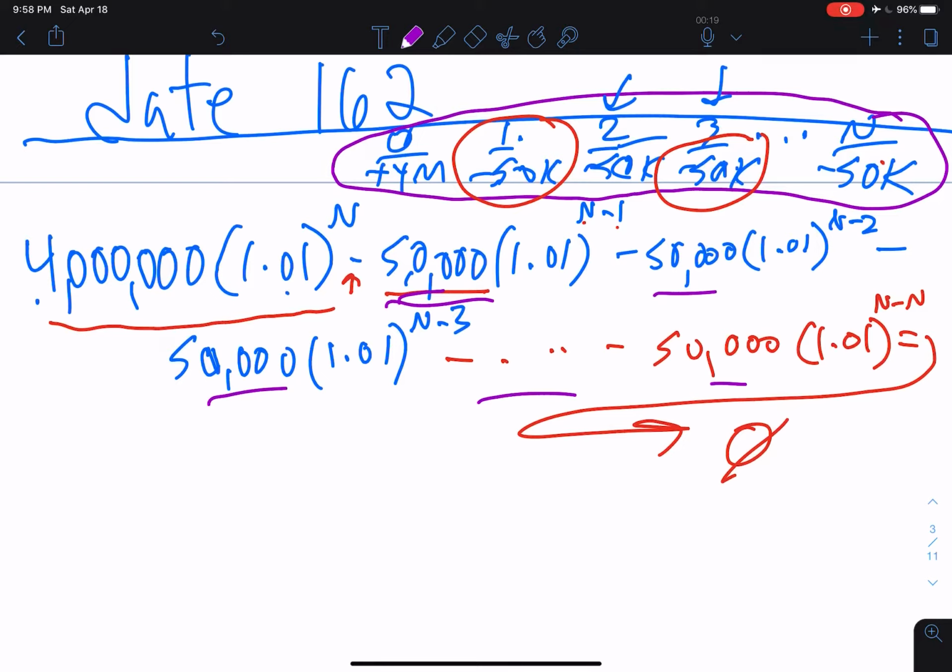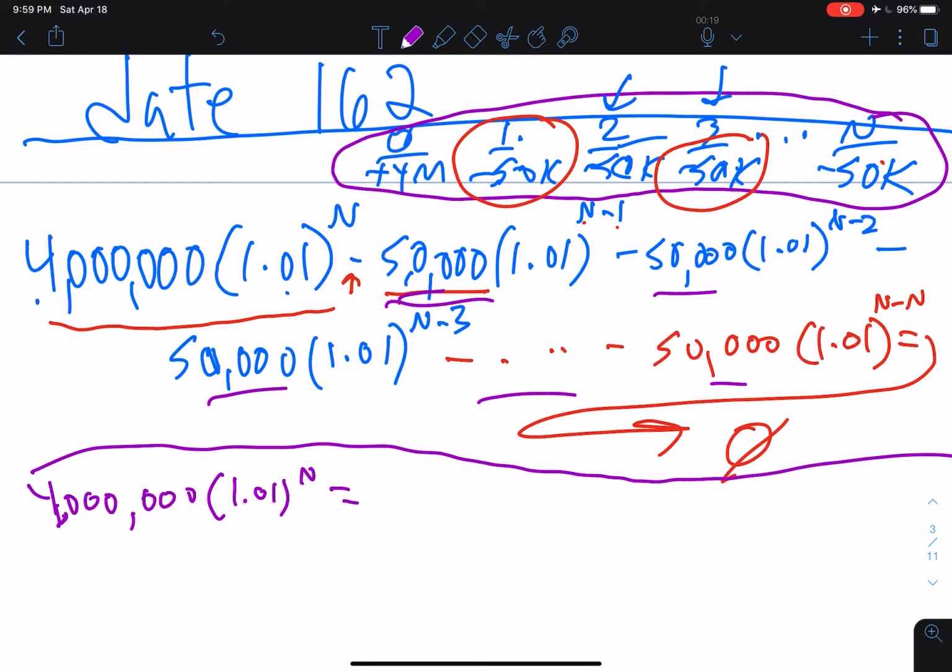Now, here's something really neat. Watch this. Here I've got everything on the left-hand side of the equation, of course. So I'm now going to put just the 4 million times 1.01 to the nth power on the left-hand side. And I'm now going to take the 50,000s and move them to the other side of the equal sign, over here somewhere.